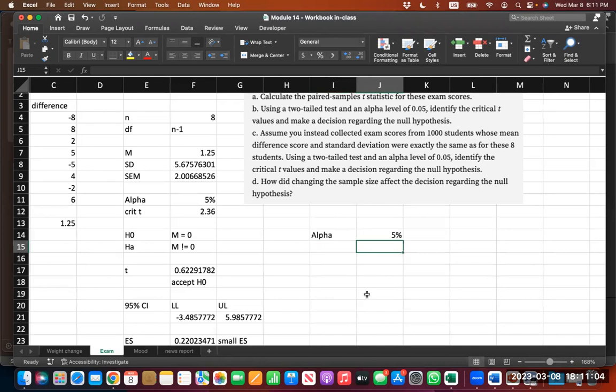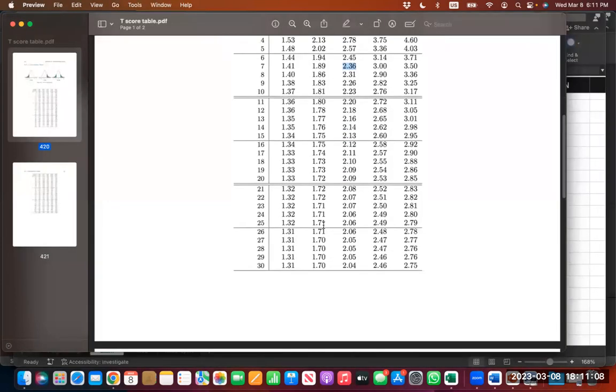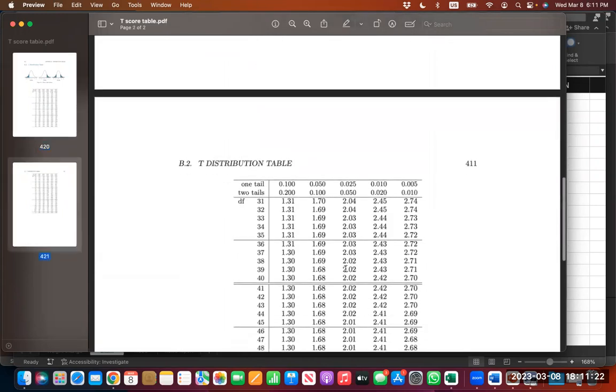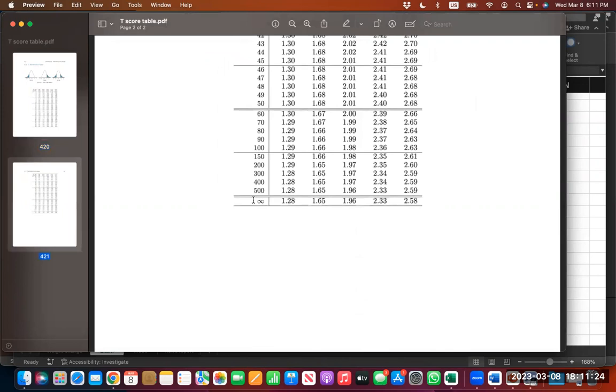So if you have 1,000 students, this is where it's getting interesting. The t distribution, remember, the larger the sample size, the more it resembles the normal distribution. If you go all the way down to 500, your critical value for the t distribution is identical to that of the z distribution.